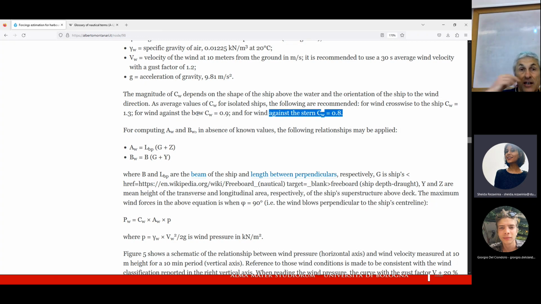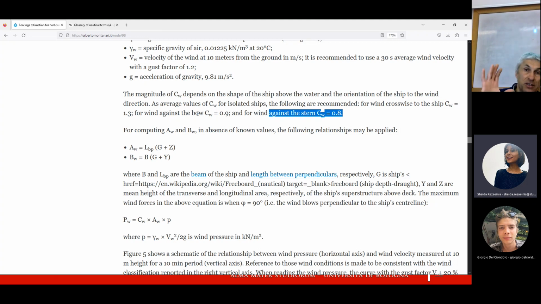So this is why we have a coefficient of reduction, which is lowering the wind force, because it takes into account the fact that the ship is shaped in a way to get into water, into a fluid, by opposing the minimum resistance. The ship is conceived to move in the longitudinal direction, and therefore there is less resistance to the fluid in the longitudinal direction.